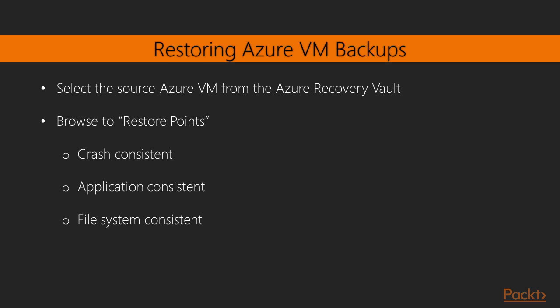You select the source Azure virtual machine, you browse to restore points, which can be crash consistent, application consistent, or file system consistent. The main difference between those 3 options: crash consistent means we provide you a full system snapshot, but it might be that the application or the database on top of the operating system is not fully recovered, that it needs some manual recovery process.